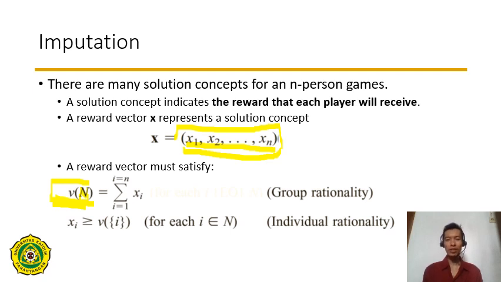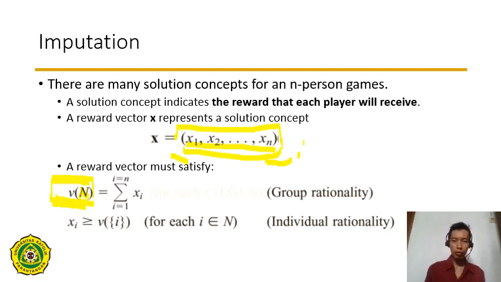So it does not make sense if the total money or reward that you give to the players exceeds the characteristic function of the grand coalition, right? Because the grand coalition means that everybody in the game has already acted together, put in all their efforts, and that's the amount that they can get in total.